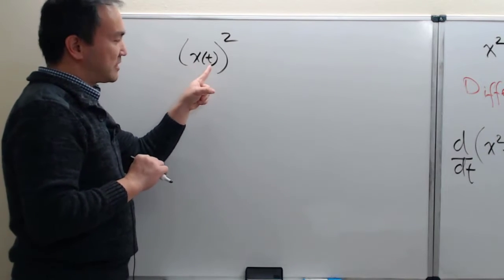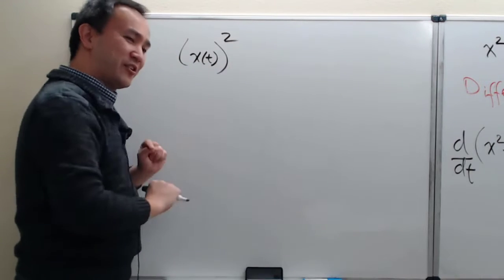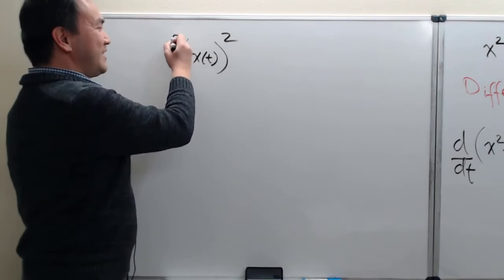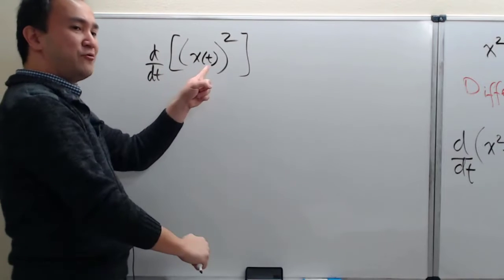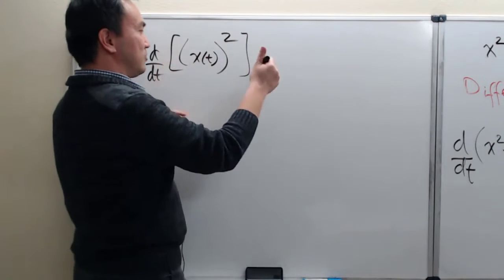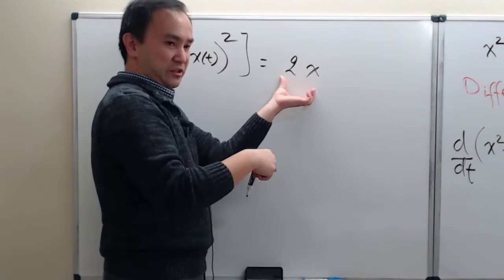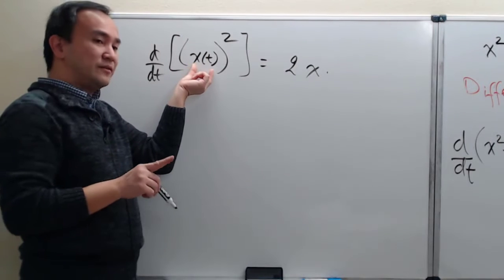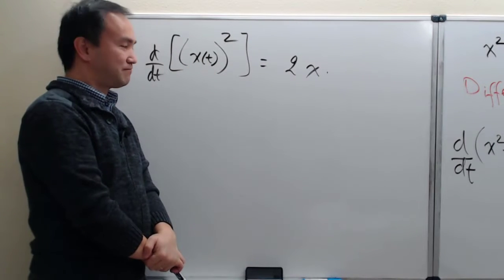But this function of t is inside of some squaring function. Did I give you a hint? In that way, taking the derivative in terms of t, the chain rule says we take the derivative of the outside, that gives me 2x of t, but for short, just 2x. And the chain rule says we have to take the derivative of the inside.